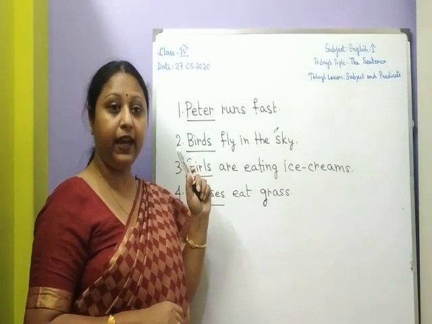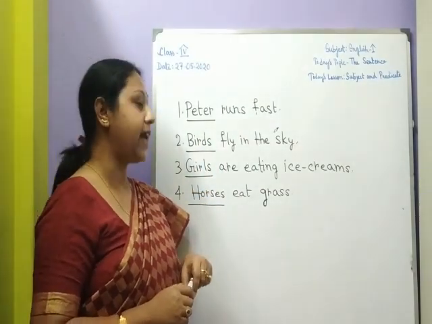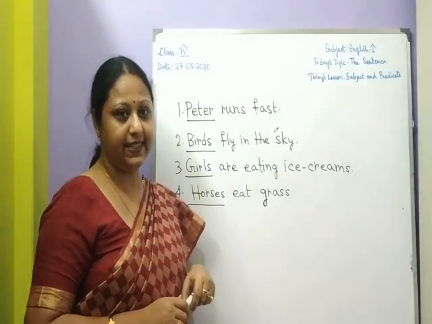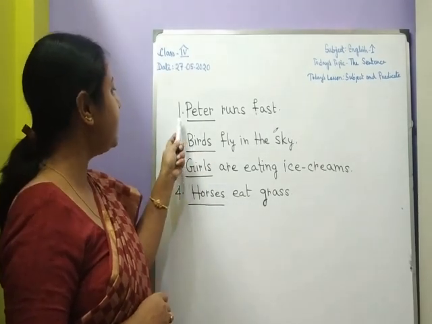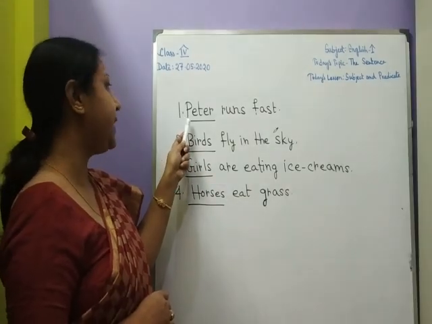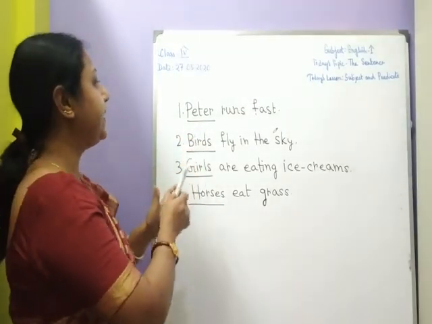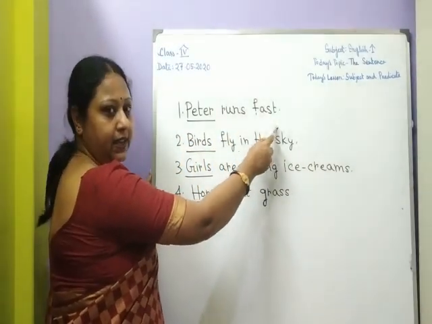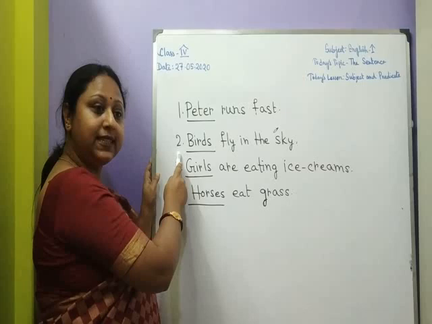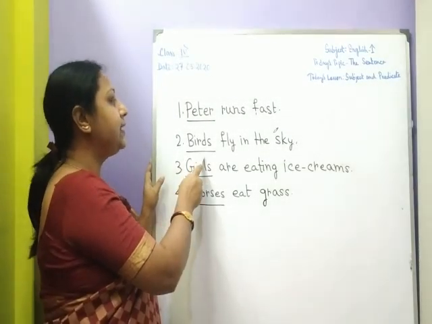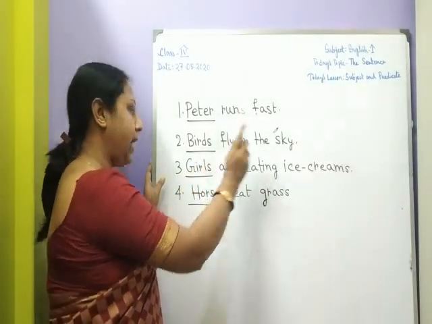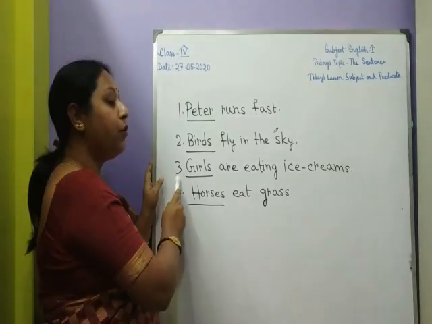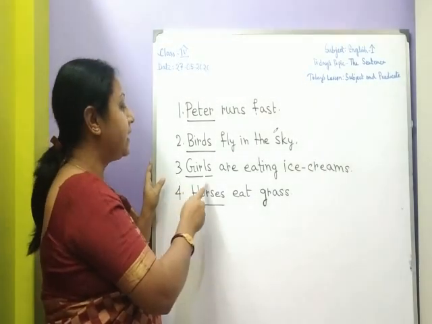Now, let us see what is said about the subject in these sentences. In sentence number 1, what is said about the subject Peter? That he runs fast. In sentence 2, what is said about the subject birds? That they fly in the sky. In sentence number 3, what is said about the subject girls?